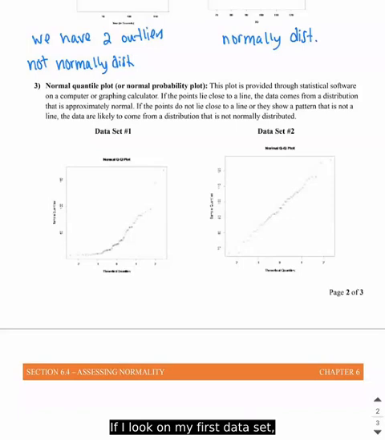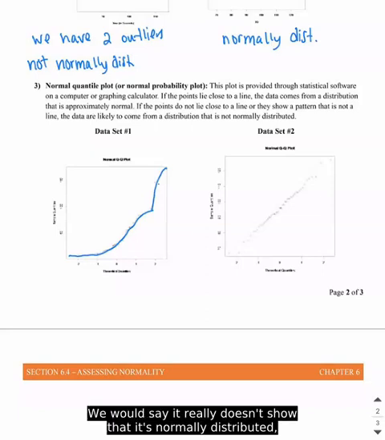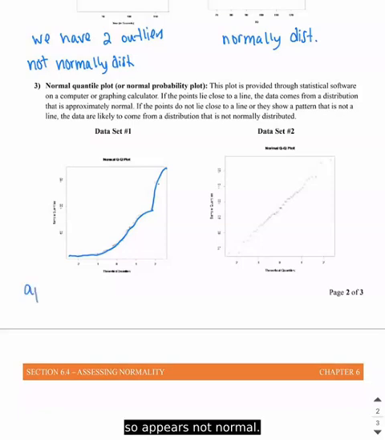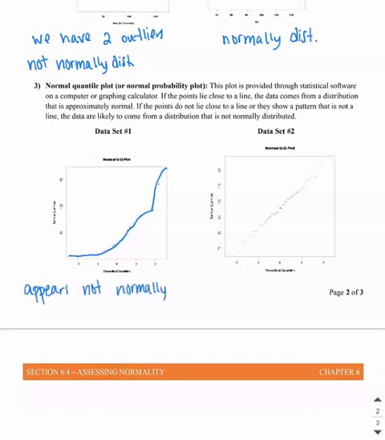If I look at my first data set and sort of draw a line here, with these two points, it definitely doesn't look linear. So it's not really a line. We would say it really doesn't show that it's normally distributed, so it appears not normally distributed.